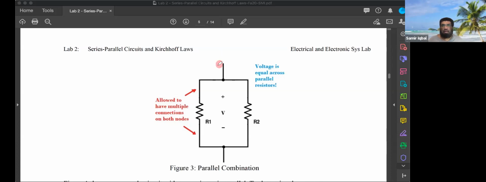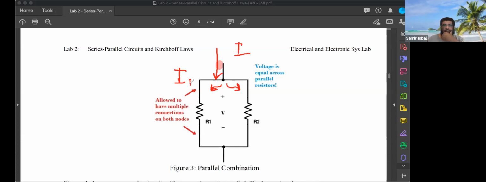So if there was a current I flowing in, that has to get divided into two paths, R1 on the left, R2 on the right. We'll call the currents I1 and I2.